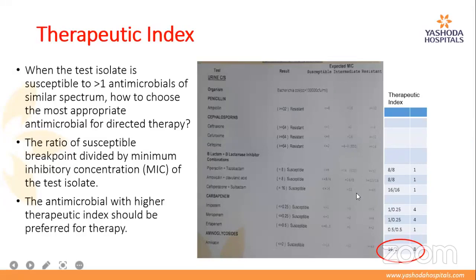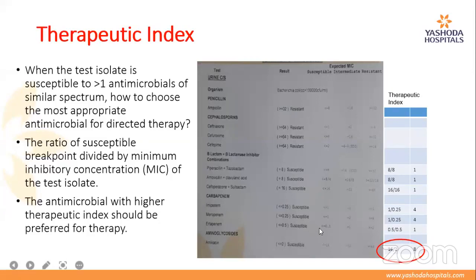Here is a good example where they have given the therapeutic index. The organism is reported as Klebsiella pneumoniae. The amikacin MIC value result is 2. Meropenem is 0.5. So apparently we can say that meropenem is the much better drug because it has a lesser MIC value.